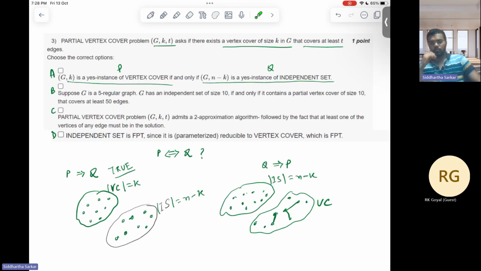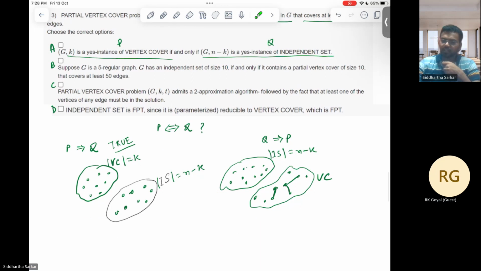Hmm. So in this case, they're saying that, okay, if we have a graph G, which is a 5 regular graph, so every vertex has degree 5, and there is an independent set of size 10. So let us draw this independent set vertices.